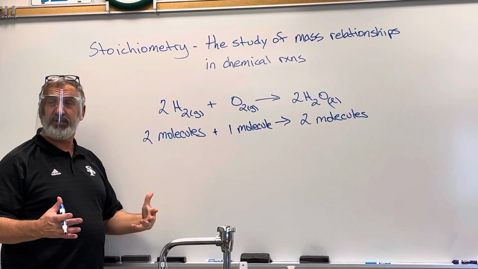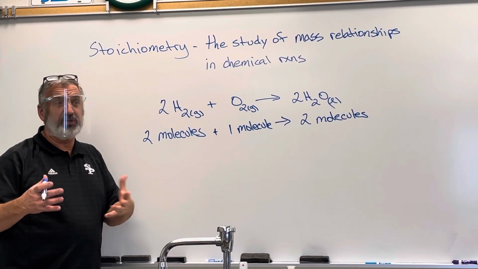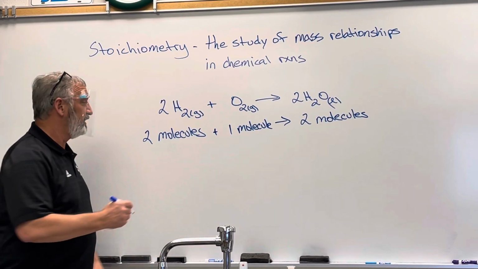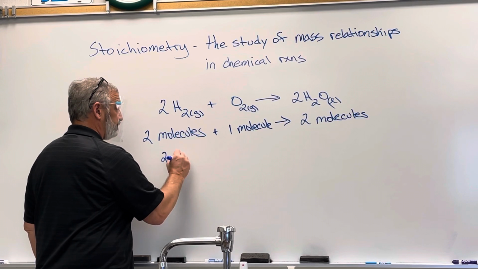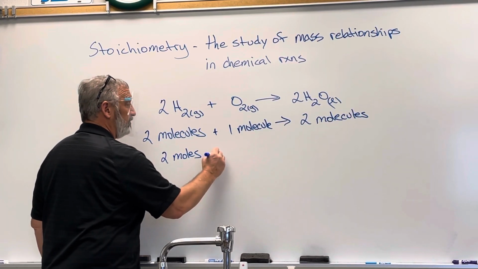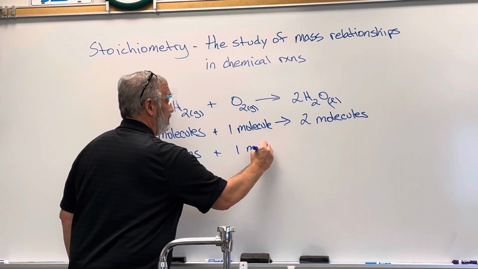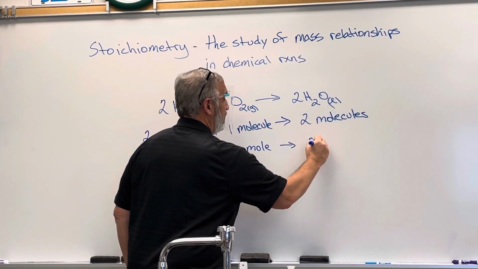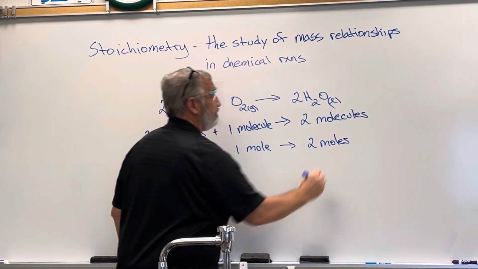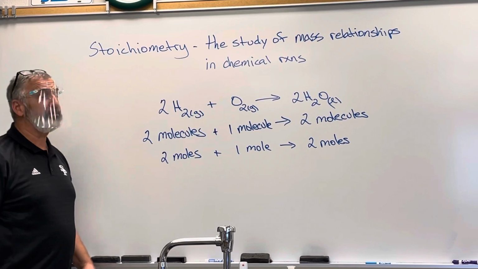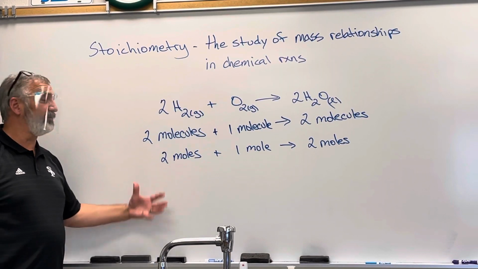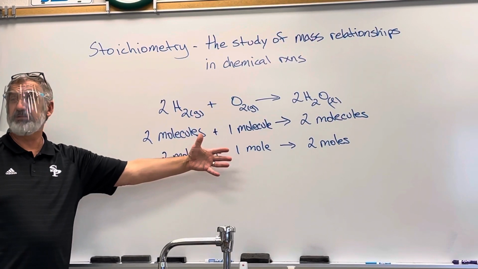Now, in chemistry, the atoms are so small, so we don't do anything in terms of dozens or millions. We do it all in terms of moles. So this tells me that 2 moles will combine with 1 mole to make 2 moles. That's why my balanced equation is telling me the ratio of what needs to combine with what and how much I can expect to make.